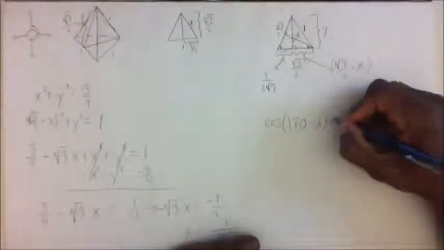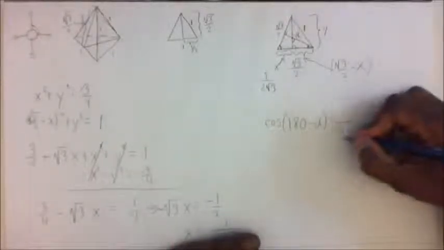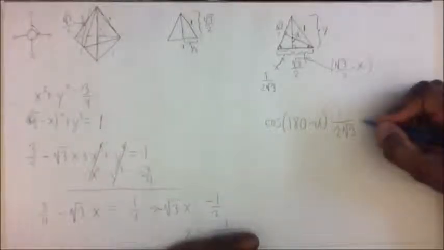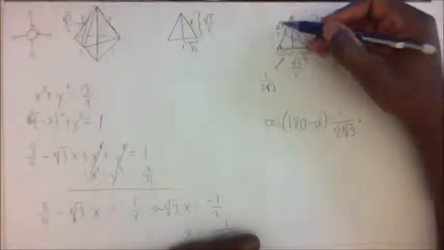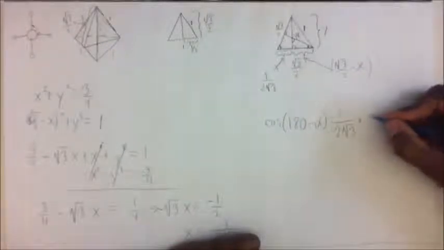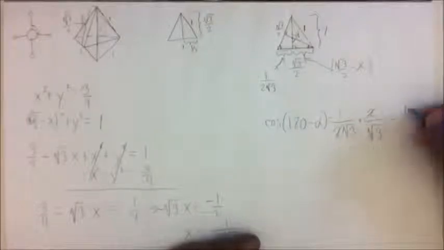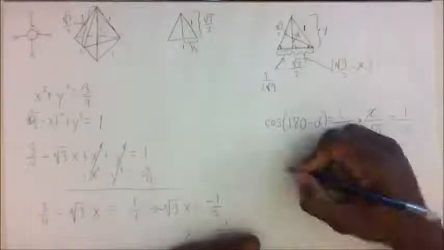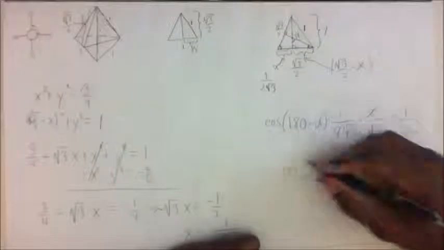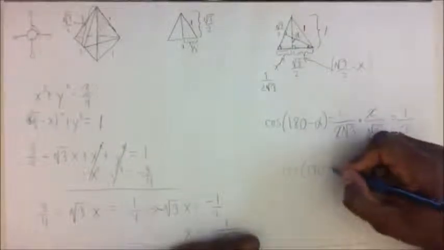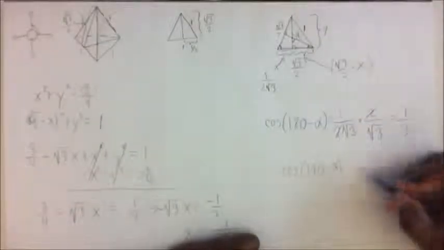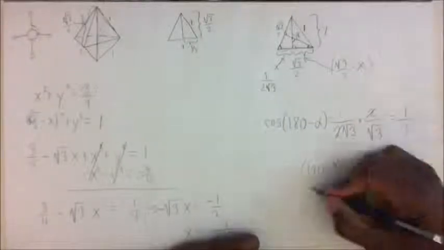So we can say cosine of 180 minus alpha is equal to 1 over 2 times the square root of 3 times, well, I'm just going to multiply by the reciprocal of that, which is 2 over the square root of 3, which is equal to 1 over 3.